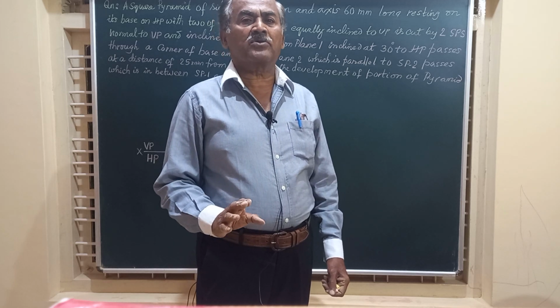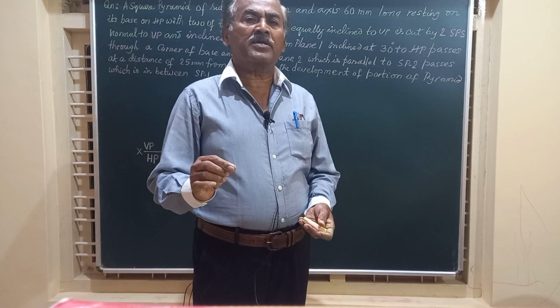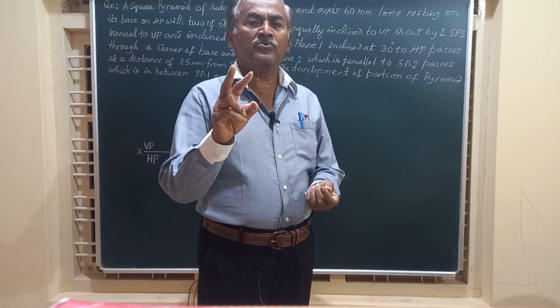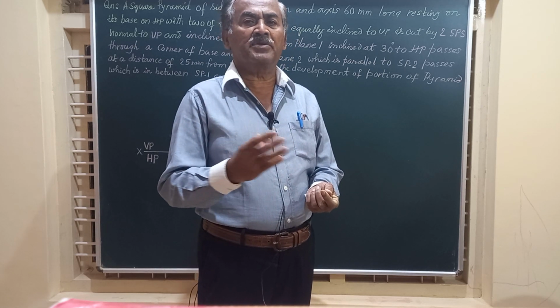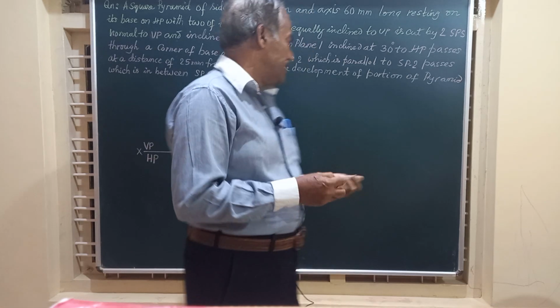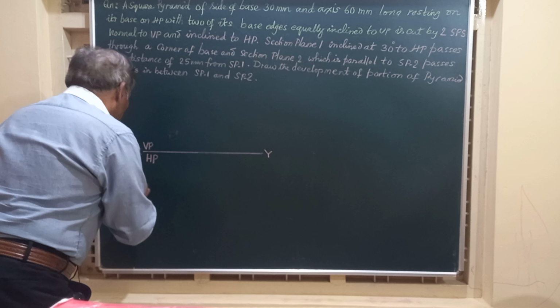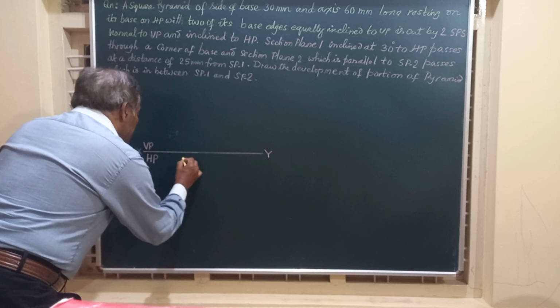So let us start with the drawing of the top and front view when two adjacent edges of the pyramid are equally inclined to VP. Friends, I construct a square here, square ABCD.